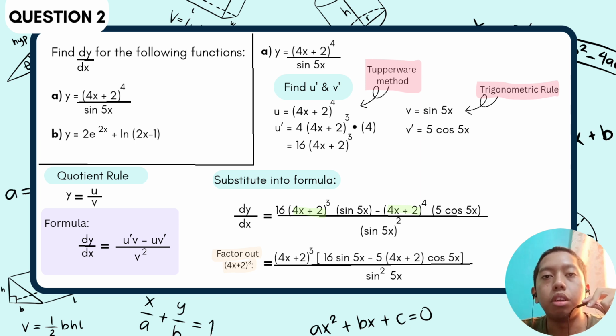Then we substitute everything into the formula. dy by dx equals 16 times open bracket 4x plus 2 close bracket cubed times sine 5x minus open bracket 4x plus 2 close bracket to the power of 4 times 5 cosine 5x, all divided by sine squared of 5x. That's our final result for part A.